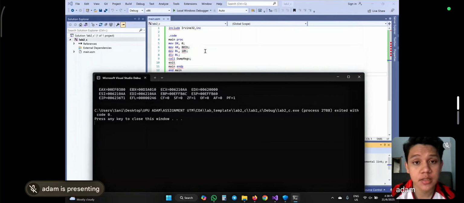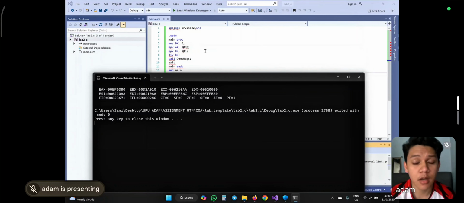So 2051, the value of AX, will be divided by 16 decimal, the value of BL, and we get a remainder and a quotient. The remainder will be in the DX register, and the quotient in the AX register. 2051 divided by 16 gives a quotient of 128 decimal, which goes in the AX register, and 3 as the remainder, which goes in the DX register.